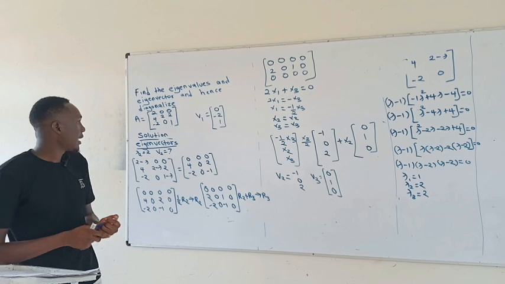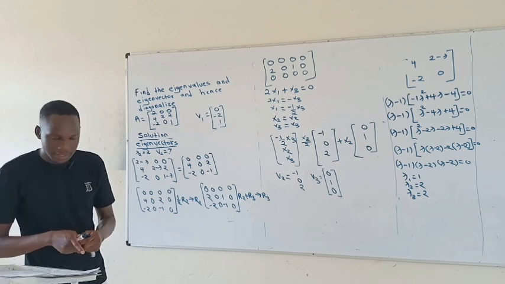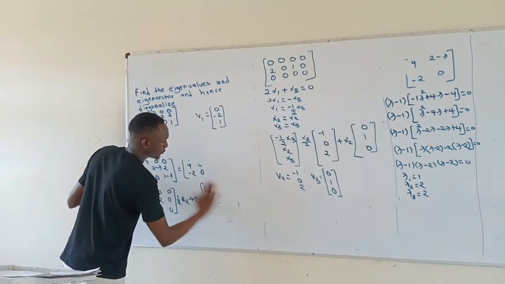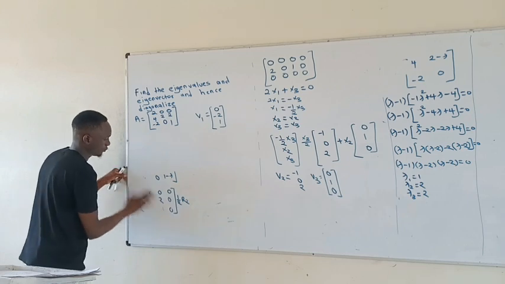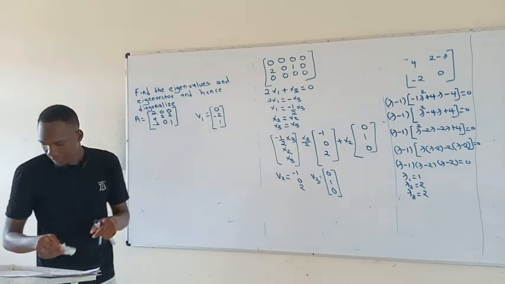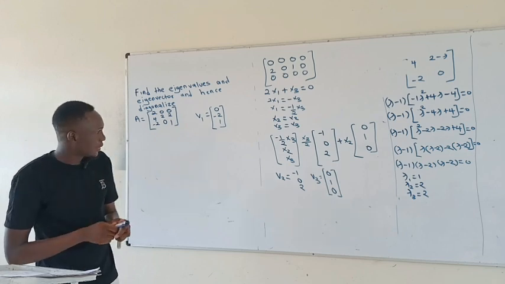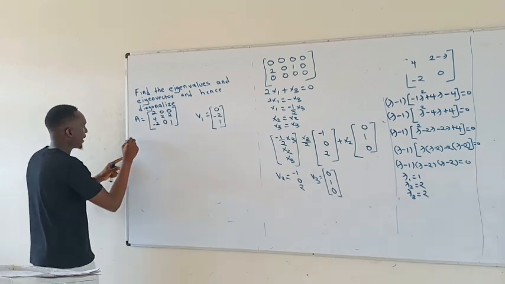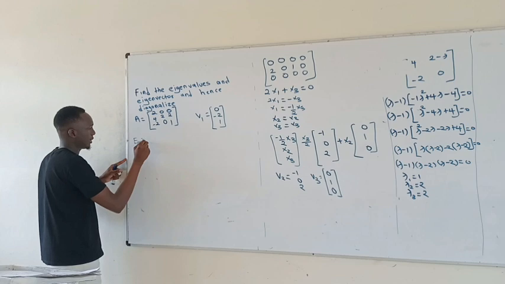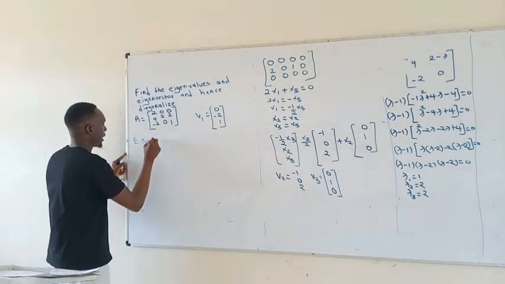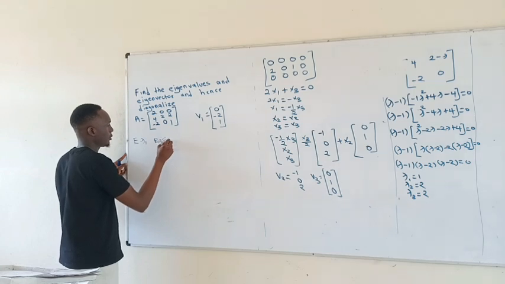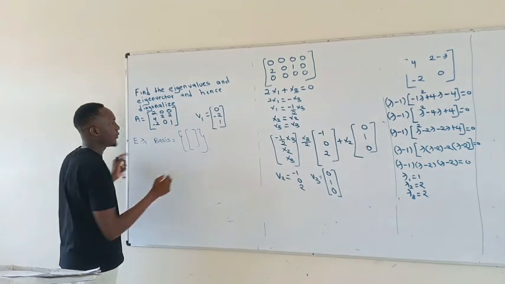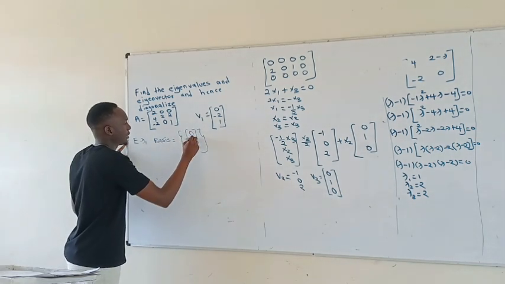Now let's diagonalize. First, let's see if we can diagonalize matrix A. To diagonalize, we should realize, let's start with the eigenspace of lambda 1, which has a basis of 0, negative 2, 1.